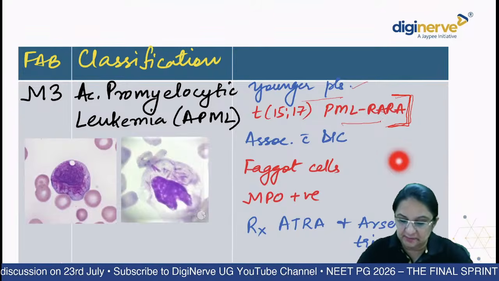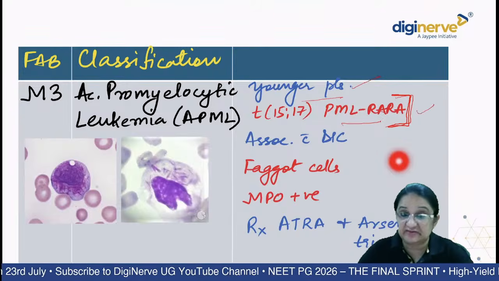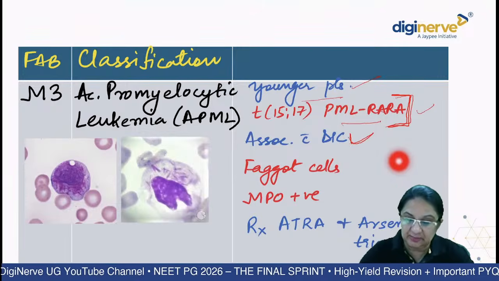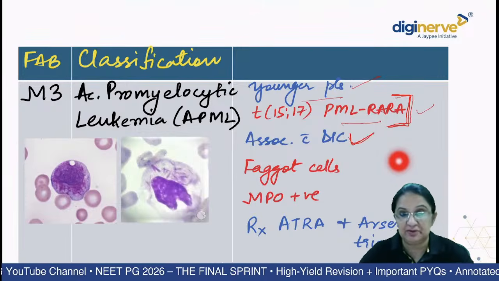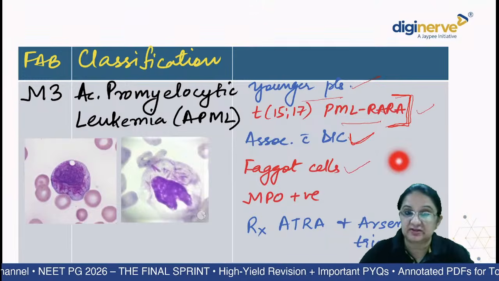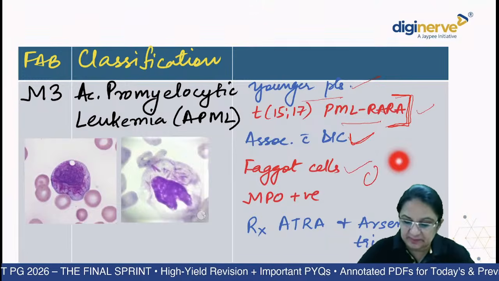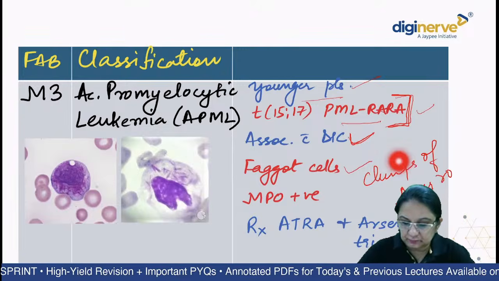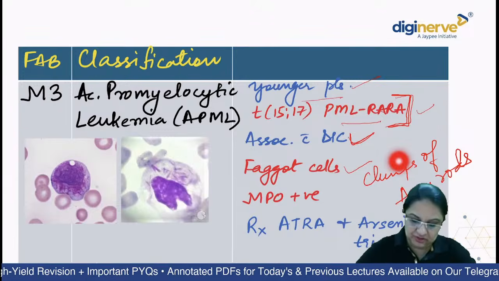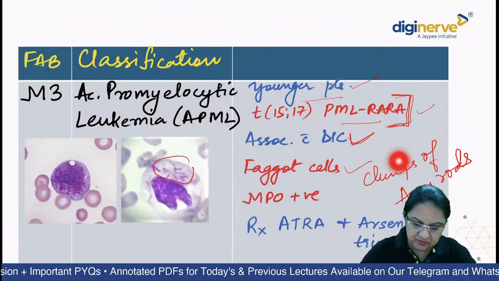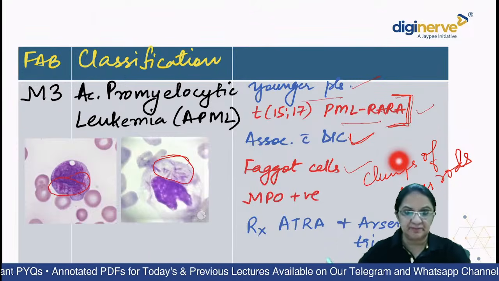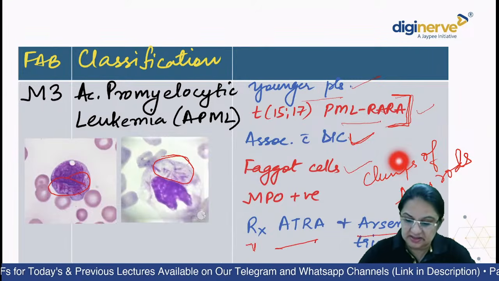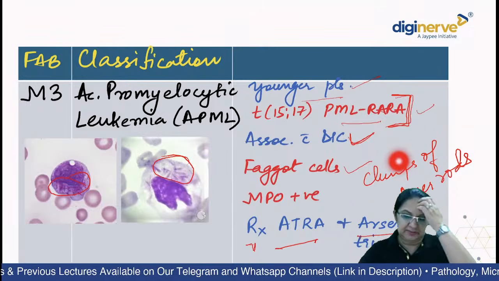Seen in younger patients, translocation 15;17, PML-RARA fusion, leukemia associated with DIC is APML. What do you see? Faggot cells. What are faggot cells? They are basically clumps of Auer rods. Okay, clumps of Auer rods. If you see this, they are clumps of Auer rods, right? Plus the treatment, ATRA, plus arsenic trioxide, right?